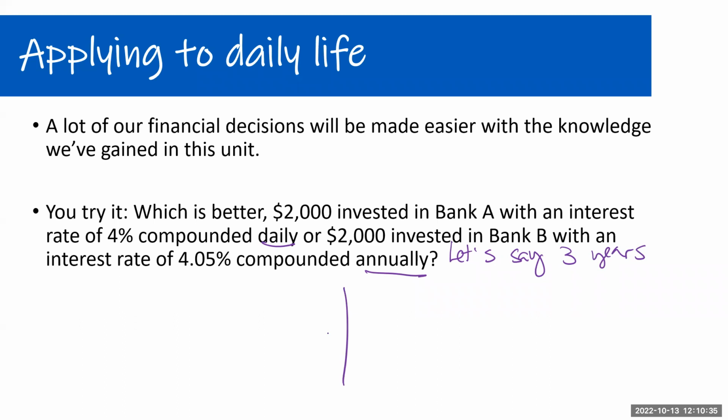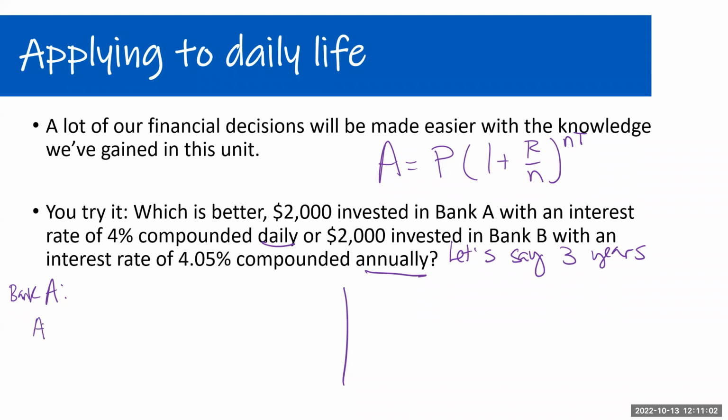Okay. So at Bank A, using your formula that I will put right here, A equals P times 1 plus R over N to the N times T. Okay. So Bank A, don't want to confuse our A's here.